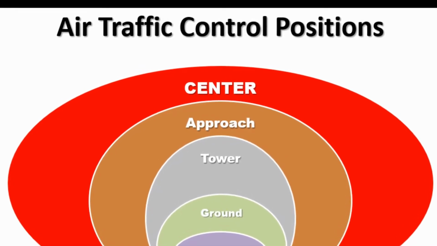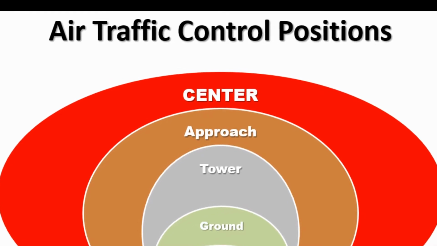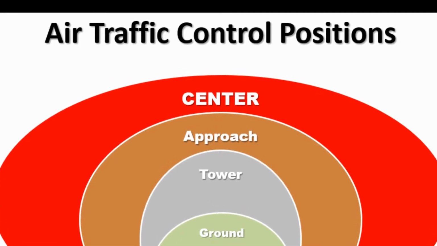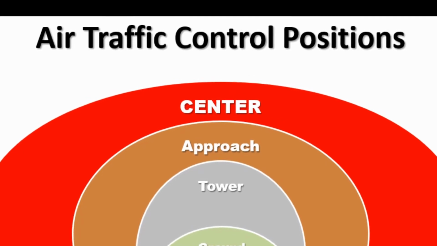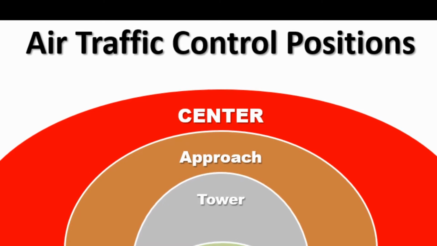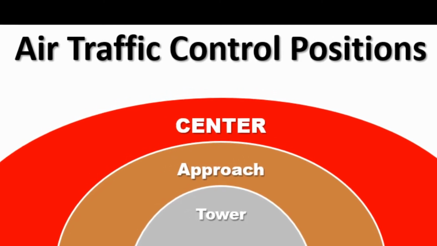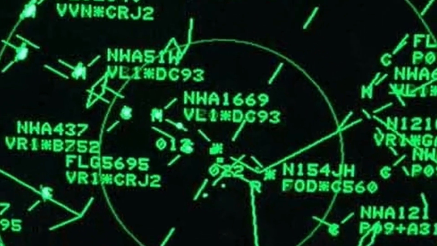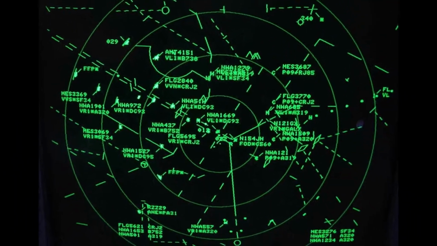Centres are responsible for the movement and control of all air traffic within their areas. London Control, for example, would cover the whole of the UK, although often centres are divided into smaller areas to make traffic more manageable for the controller. So we have London South Centre, North Centre, West Centre, and so on.